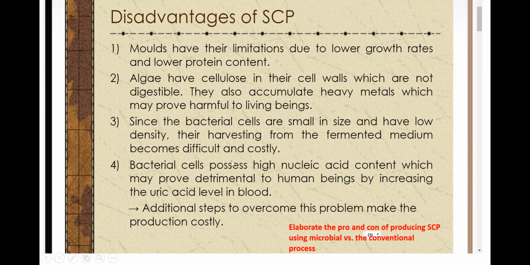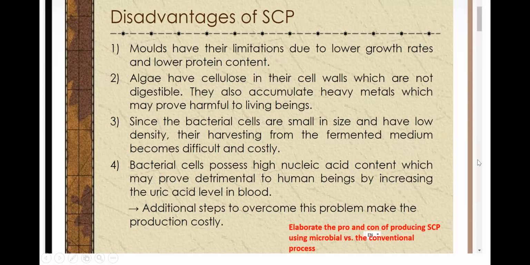Especially bacterial cells possess high nucleic acid content, which may prove detrimental to human beings by increasing the uric acid level in blood. Many males I know suffer from a gout problem due to high uric acid in the blood.